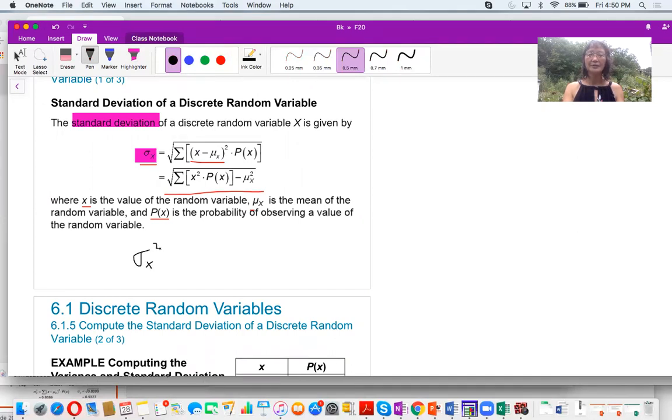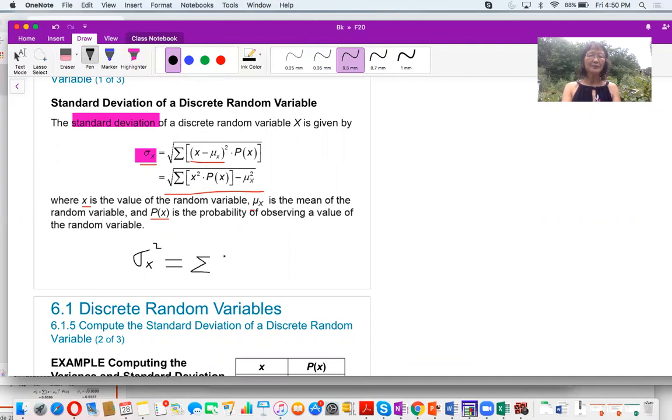You take the square of the standard deviation, you get the variance. Actually, you take away the square root, and you get the variance.